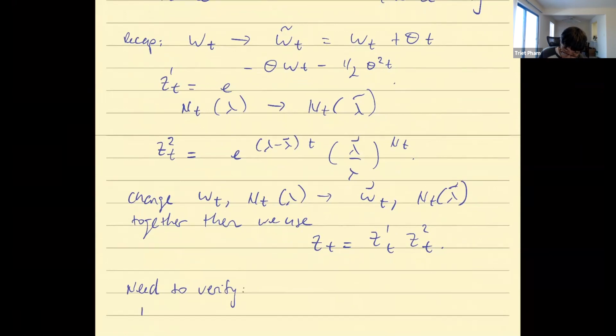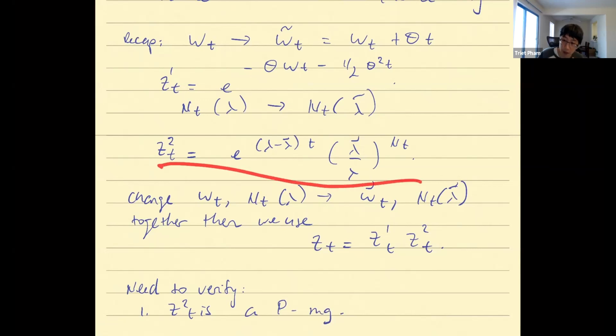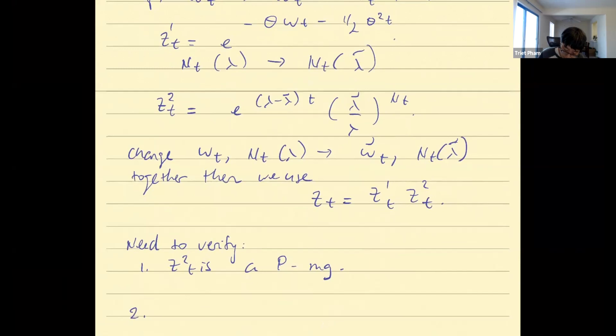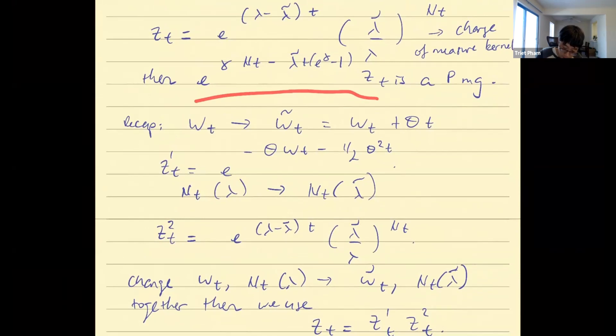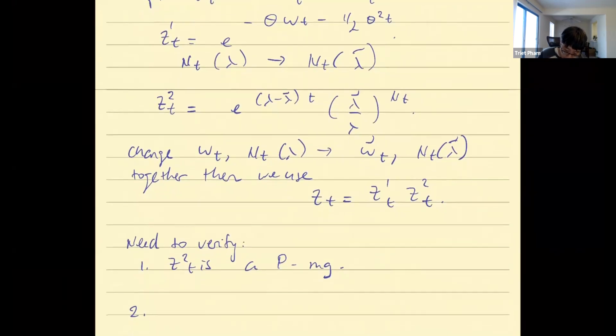One, that Z2t is a P martingale. And two, that when you multiply with Z1, it's also a martingale. We need to verify both.